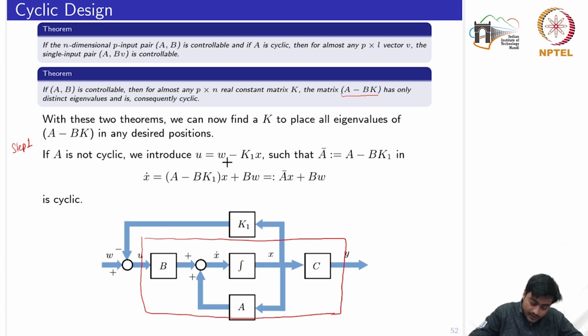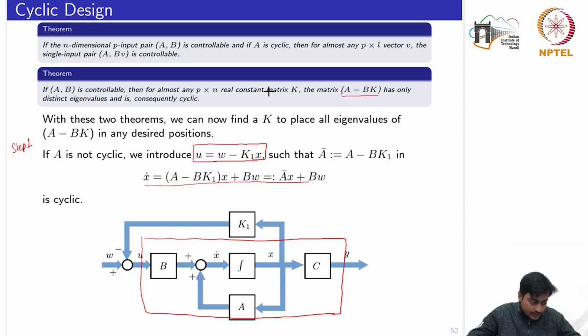First we introduce a feedback by this equation, where W is some variable, U is equal to W minus K1x, such that the matrix A bar, which is defined as A minus B times K1, in this state equation becomes cyclic. And this is a consequence of the second result, the second theorem.